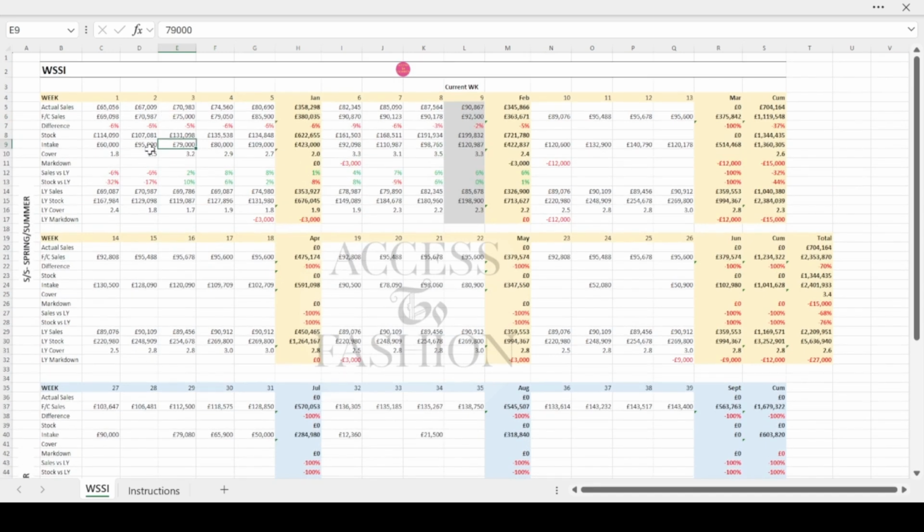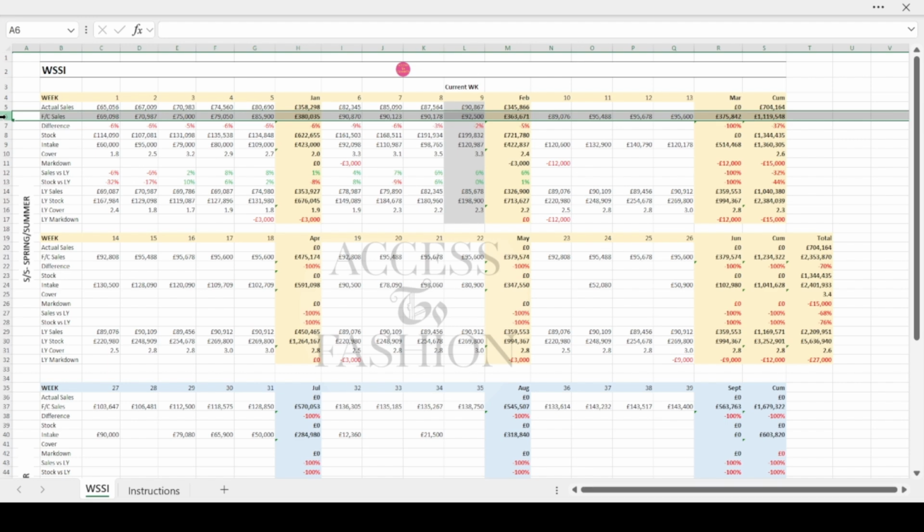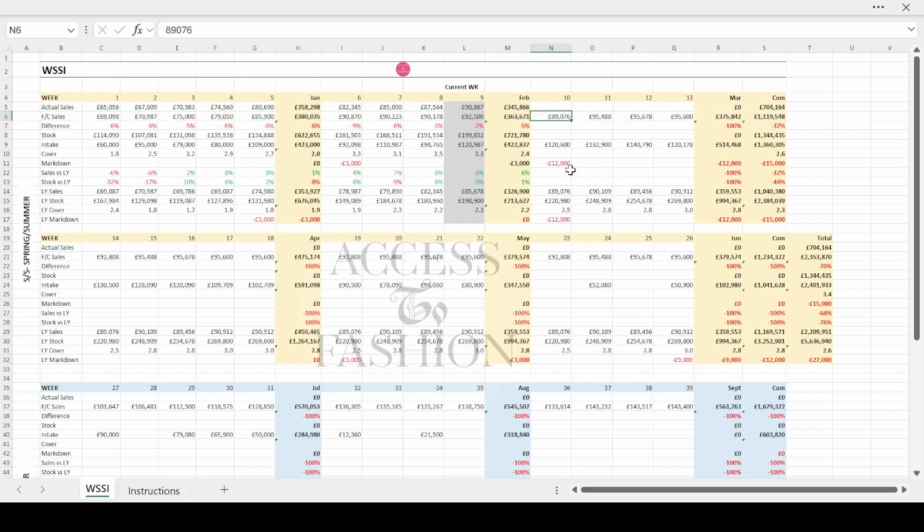But how does this help us for planning our sales? So how this helps us plan our sales is we will know what next week opening will look like if we plot our sales in here. Because when you are planning out a Wizzy, you would plan your sales in your forecast sales row over here, which, as we can see, has been filled out even for weeks that have not been actualized yet.